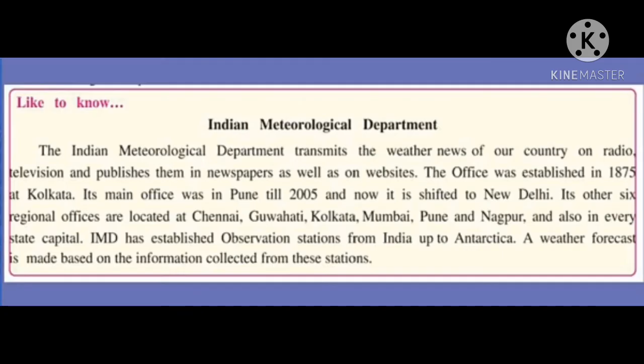Its other 6 regional offices are located in Chennai, Guwahati, Kolkata, Mumbai, Pune and Nagpur, and also in every state capital. IMD has established observation stations from India up to Antarctica. A weather forecast is made based on the information collected from these stations.